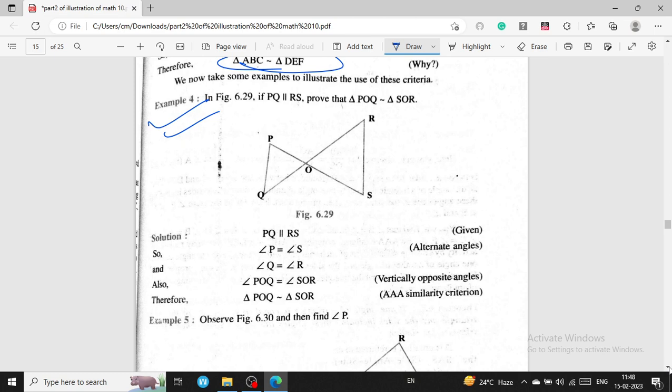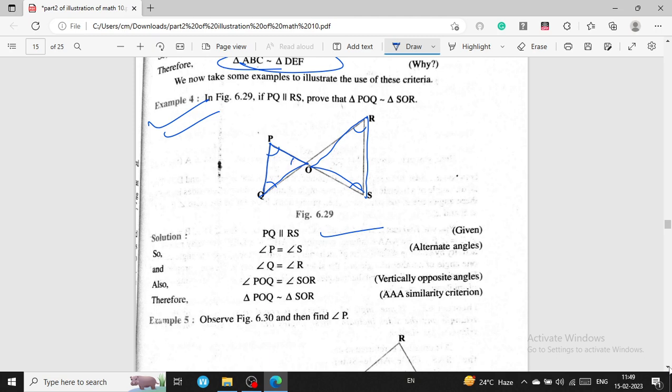If we are given PQ and RS, these are parallel lines, and we have to prove triangle POQ is similar to triangle SOR. First of all, we are given PQ parallel RS. This is given, and angle P's alternate angle will be angle S, and angle Q's alternate angle will be angle R, and both are equal.